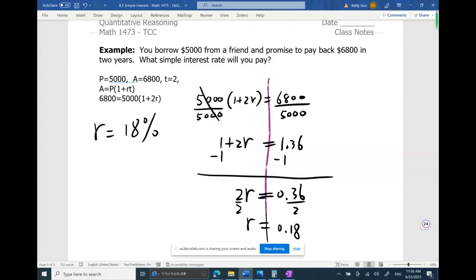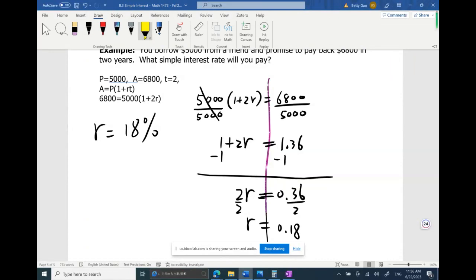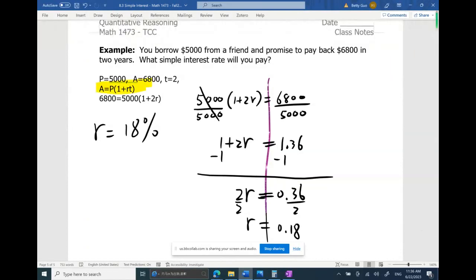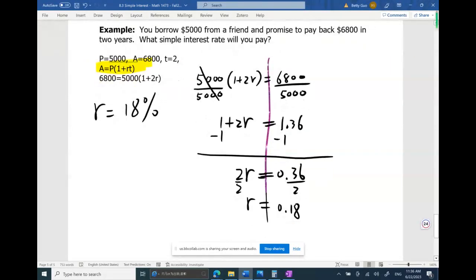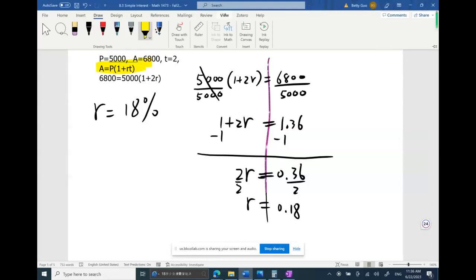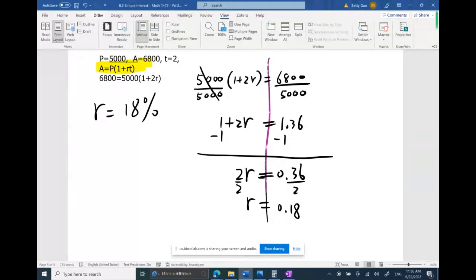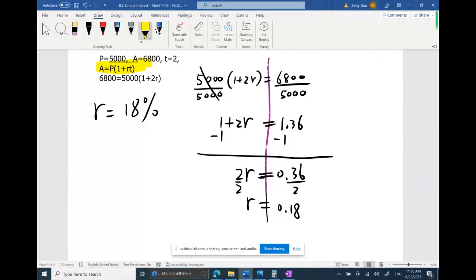Okay? And in the case that you do not remember this formula, do we have a way to solve the problem? I think so. Because the future value of the loan is given, and the principal of the loan is given, right? Then what can we do? I'm going to use a blue color.